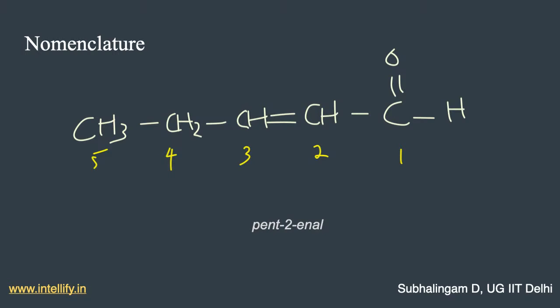Pent-2-enal. While the double bond is there from the second to the third carbon, we would say it as pent-2-ene if there was no aldehyde group. But since there is an aldehyde group, we say it as pent-2-enal after removing the e of ene.